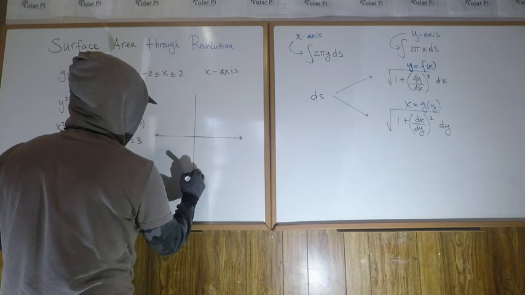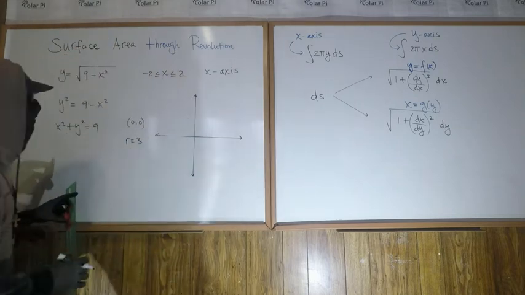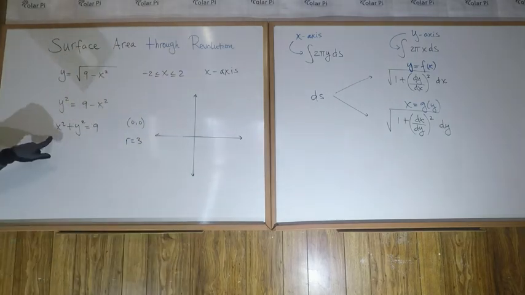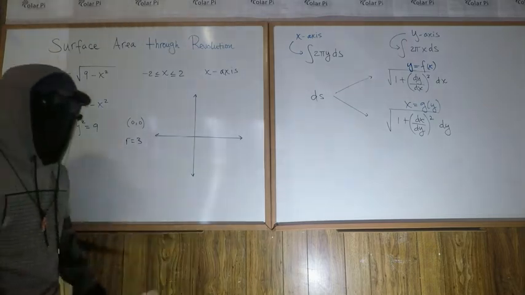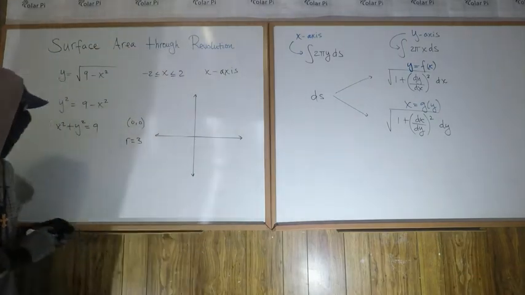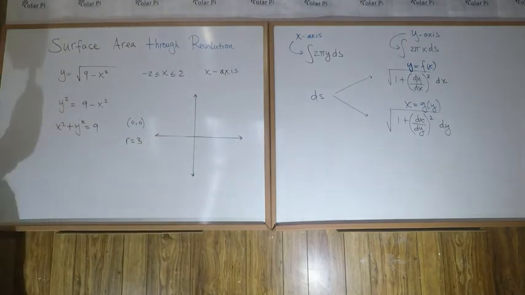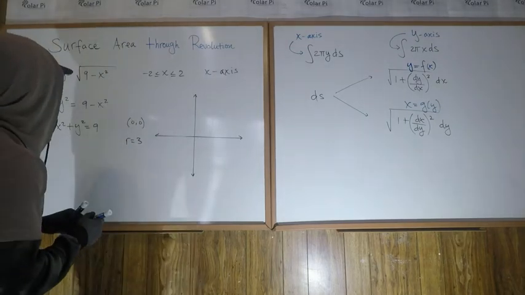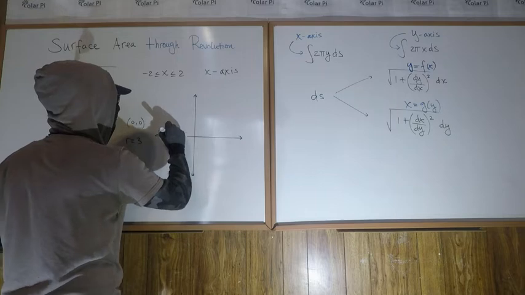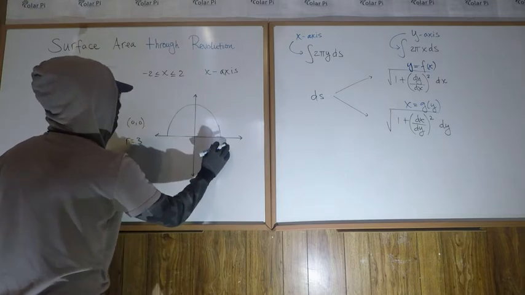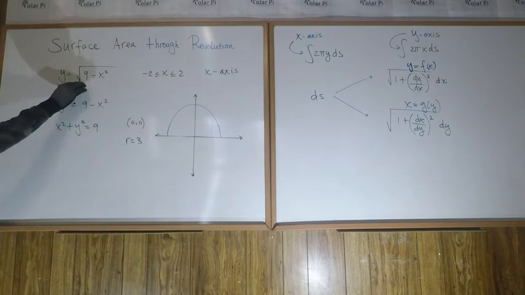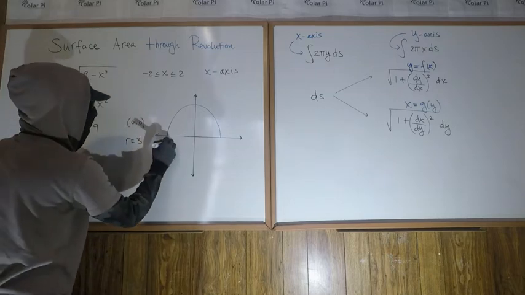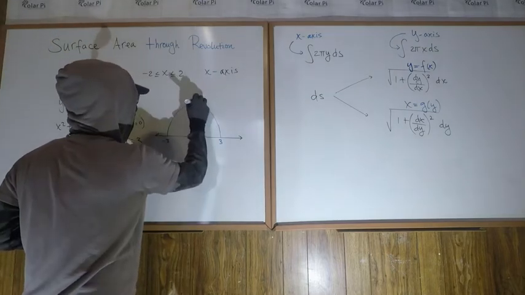From what I said, the positive square root when you isolate y from this equation is going to be the top half of the circle. The negative square root when you isolate y in this equation is going to be the bottom half of the circle. And we have the positive square root, so that's the top half of the circle. So we've got something that looks like this, right? So what I just drew is this guy, so long as this is -3, this is 3, and that's 3.